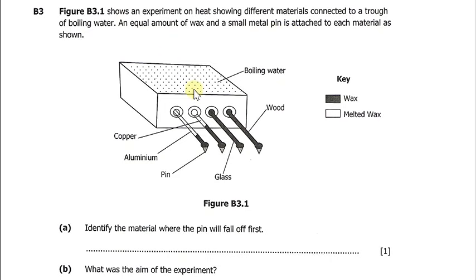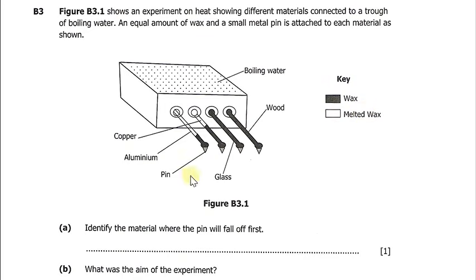So this is a trough, and inside there is boiling water, and then we have different materials: copper, aluminium, glass, then wood. Here we have the pins, attached to these materials using wax. Here we are shown wax which is remaining, and here melted wax.